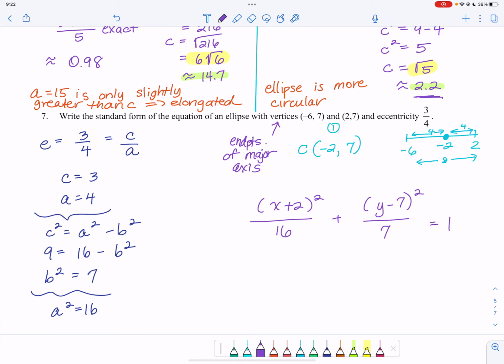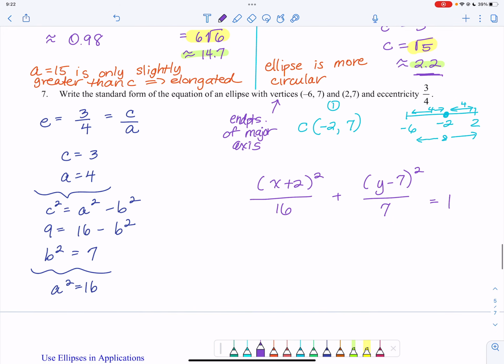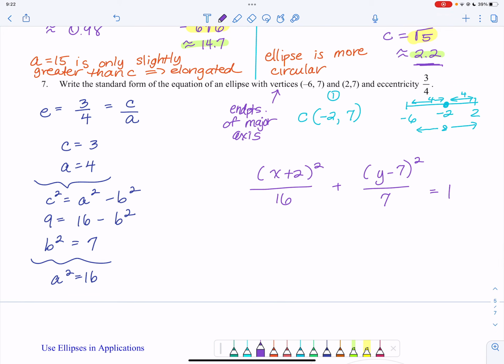So we do know that 16 will go under the x squared term since our major axis is horizontal. And that's why we have the 16 under the x squared term.